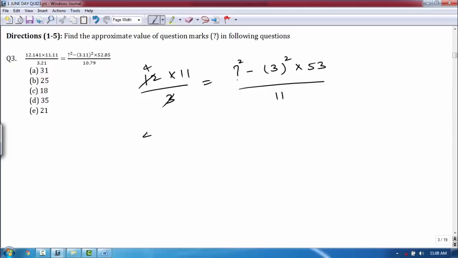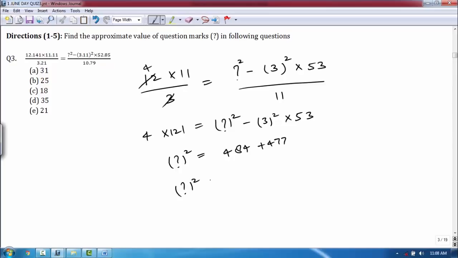So we get 4 into 121 is equal to question mark square minus 3 square into 53. So question mark square is equal to 484 plus 477. Question mark square is equal to 961. That means question mark is equal to 31 because the square root of 961 is 31.